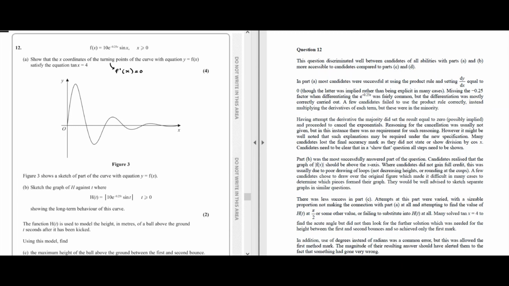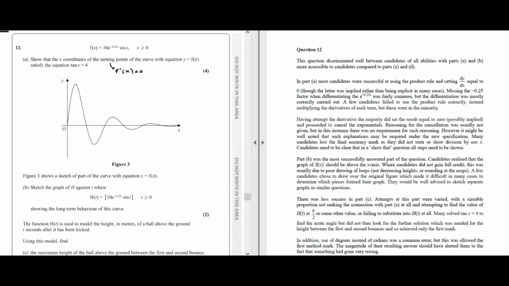There was less success in part C. Attempts at this part were varied, with a sizable proportion not making the connection with part A at all and attempting to find the value of h of t at pi over 2, or for some other value, or failing to substitute into h of t at all.